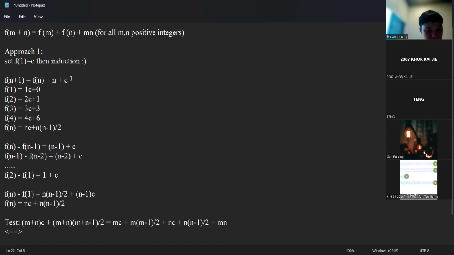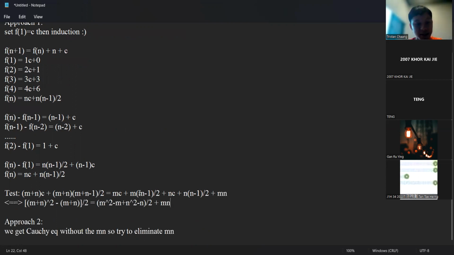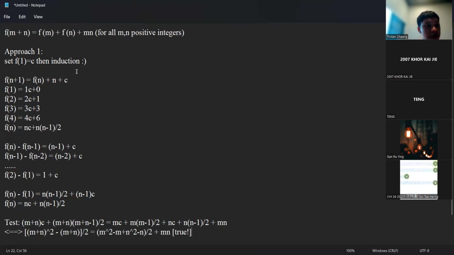So we're left with (m plus n) squared minus (m plus n) over 2 equals (m squared minus m) plus (n squared minus n) over 2 plus mn, and that is correct. You can expand it out and see it's correct. This is true. Hence, that will be a solution for this equation. So c is obviously a positive integer.